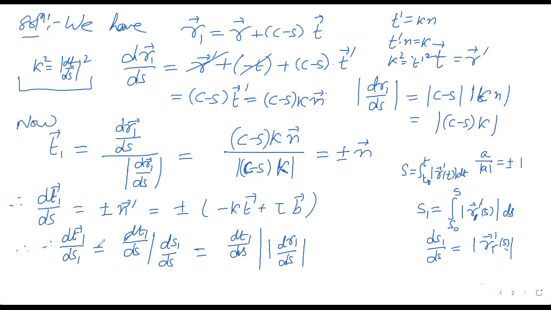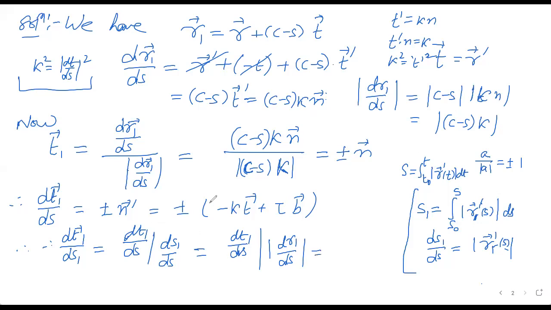So kappa स्क्वायर फॉर्मूला होगा dt over ds होल स्क्वायर होता है, तो I want dt1 over ds1. तो dt1 over ds1 I can write dt1 over ds, ds1 over ds. Now dt1 over ds I have just calculated, it is this, and ds1 over ds can be written by this length formula, arc length formula. It is the value of ds1 over ds. So you got this. Now put the value of all these things. So it will be how much?